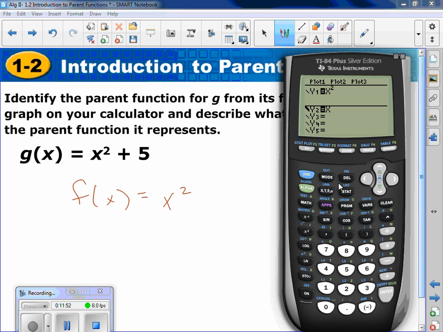Some of you mentioned you need to put this caret. Now, if you have an 83, you'll actually see the caret on your screen. If you have an 84, it throws it up as an exponent. Now you just type the number.